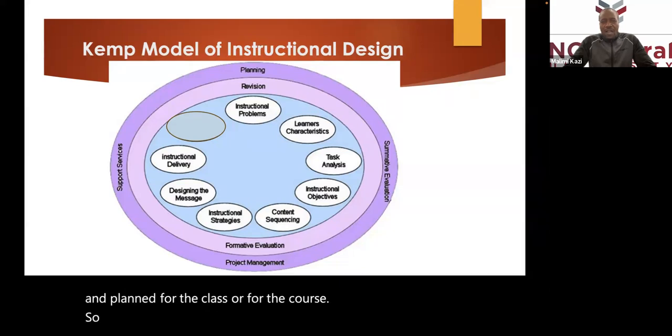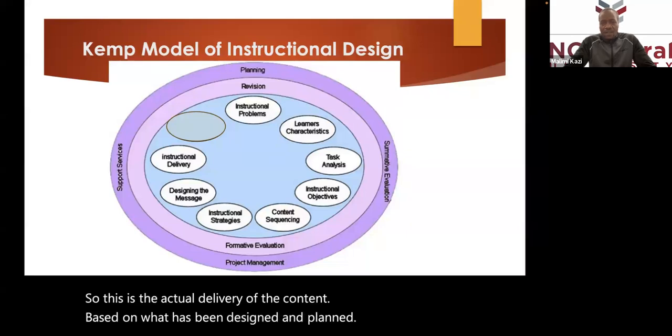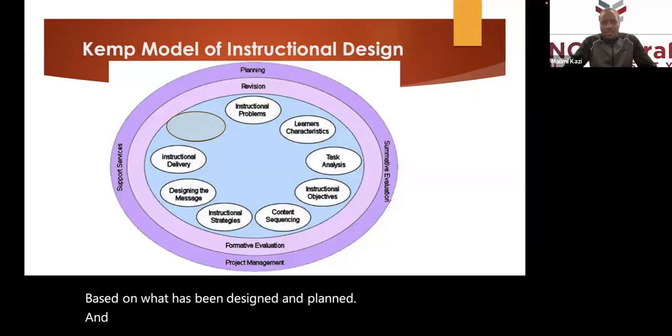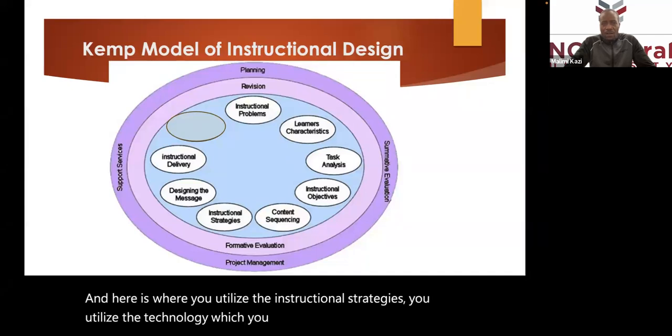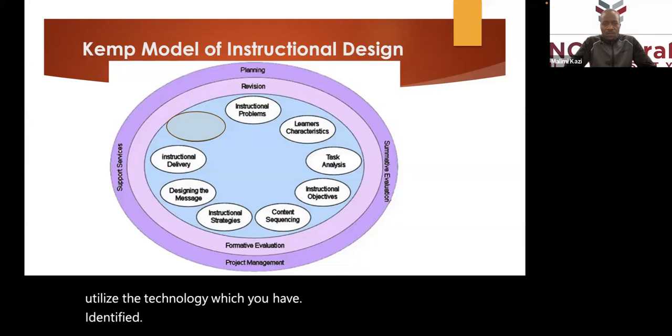So this is the actual delivery of the content based on what has been designed and planned. And here is where you utilize the instructional strategies and the technology which you have identified to facilitate the teaching and the learning process.